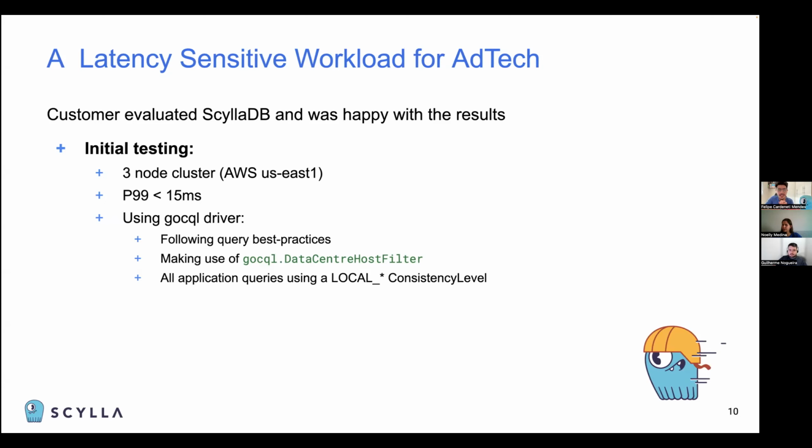And they were very satisfied with the results when compared to DynamoDB, which is the database they were coming from. Initially, they had configured this 3-node cluster deployment, pretty much standard, and they ran a set of tests, and the results were that the latency was within the requirements, and we assisted them in tuning their drivers to follow all best practices, and they were really happy with all the results.